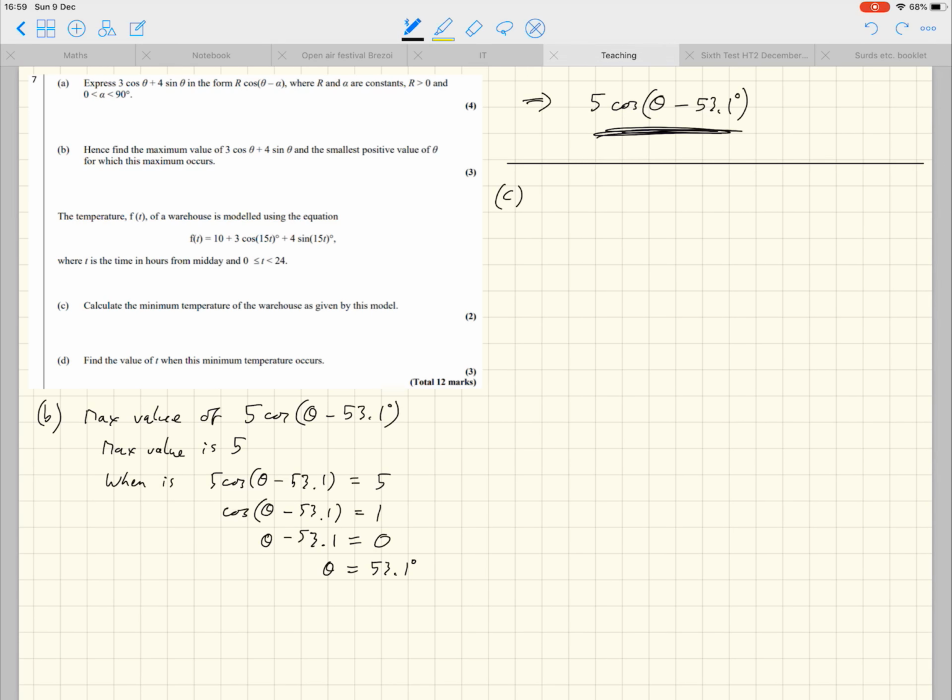Now I haven't even read the question yet, but I know from experience I don't even need to yet. F of t simply needs to be written 10 plus, and then this bit here, but in the new format. So 5 cos, now theta is now 15t, so 15t minus 53.1.